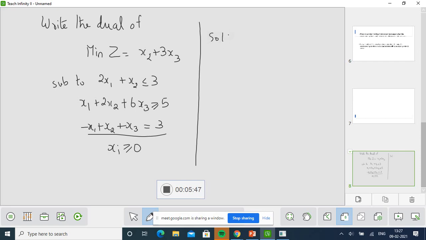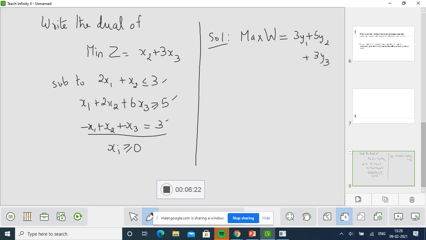So what will be our solution? Minimization will become maximization. So this would be maximize W equal to whatever is on the right hand side, that is 3, 5 and 3. This will now become your CB. So I will have 3y1 plus 5y2 plus 3y3.